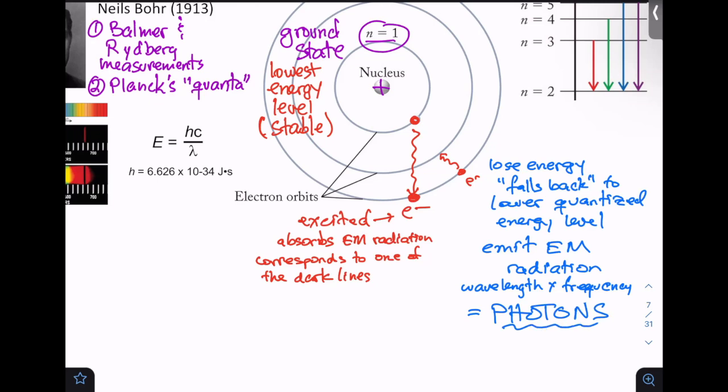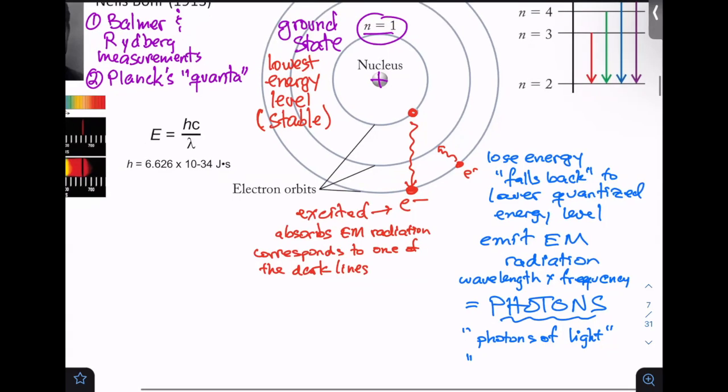A photon is that packet of energy that is released when an electron loses energy in this quantized way. So we might talk about photons of light, which when you're thinking about light as a particle, you might think of that as a particle of light.